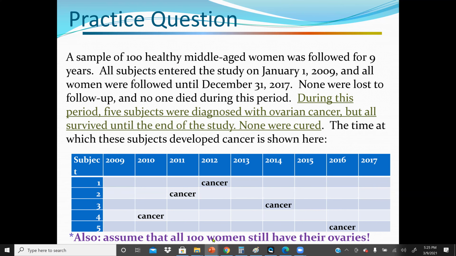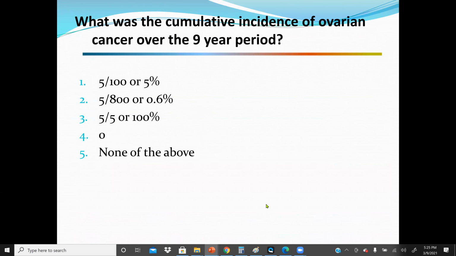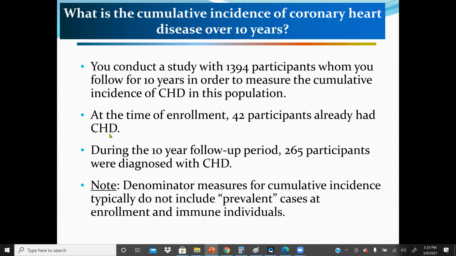We should assume that all 100 women still have their ovaries. The first question: what is the cumulative incidence of overall cancer over the 9-year period? The total over the 9-year period will be 5 cases. Now, what is the cumulative incidence of coronary heart disease over 10 years?